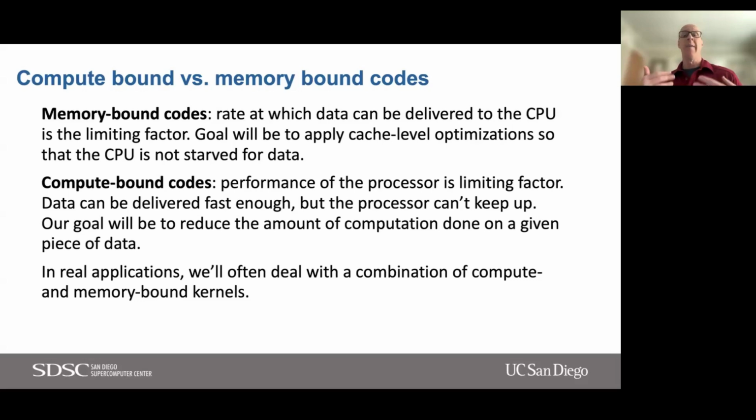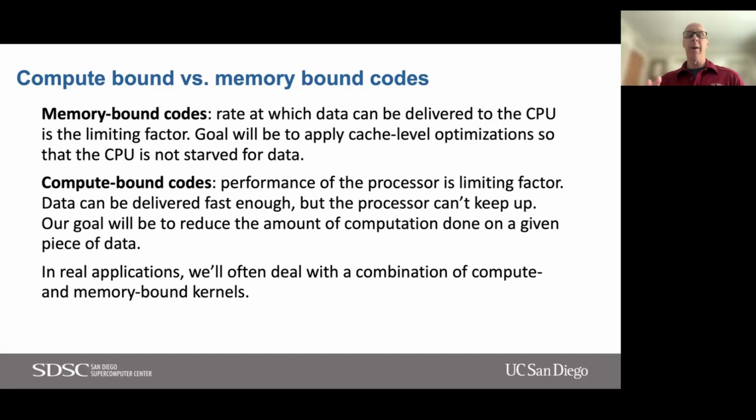So over time, CPUs have gotten faster, memory has gotten faster, but CPUs have gotten faster more rapidly than memory has. So memory is always getting a little bit further away in terms of clock cycles. So our goal when we're working with the memory-bound code is to apply cache level optimizations so that the CPU is not starved for data.